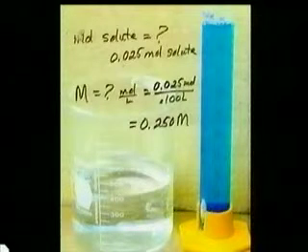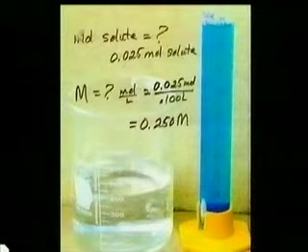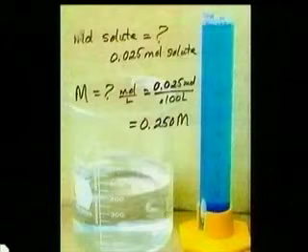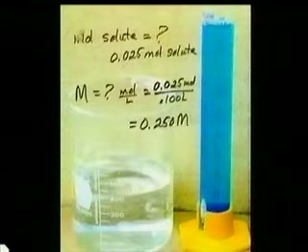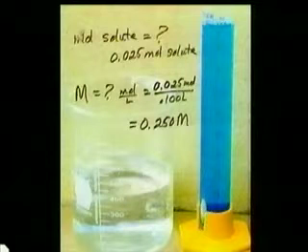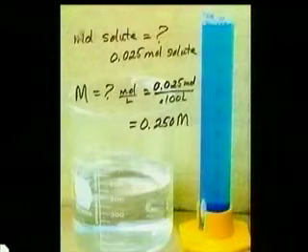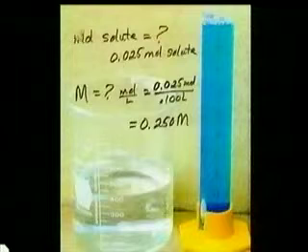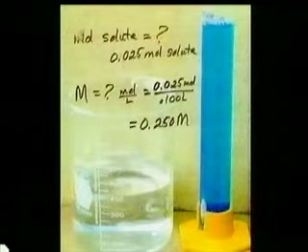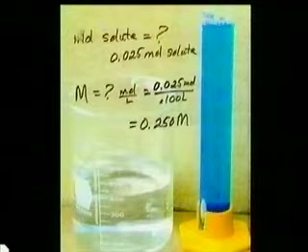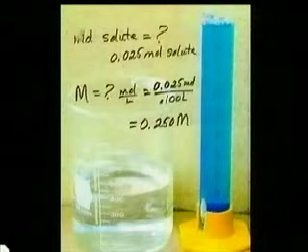So the molarity is moles over liters, and we just calculated that we still have 0.025 moles, but now we have it over what? 0.100 liters. We had it over 100 milliliters, and therefore the new concentration is 0.250 molar.